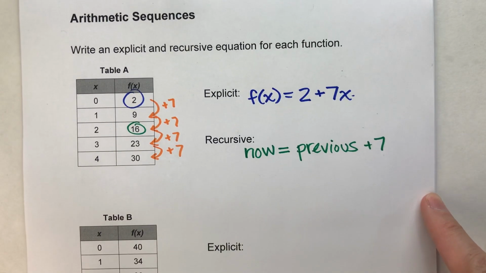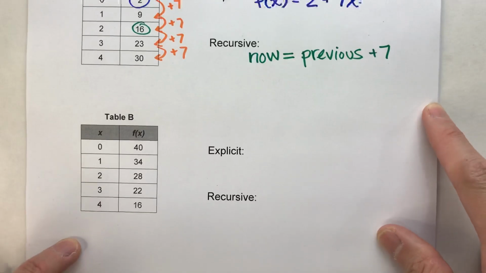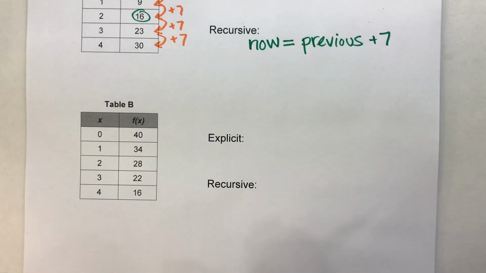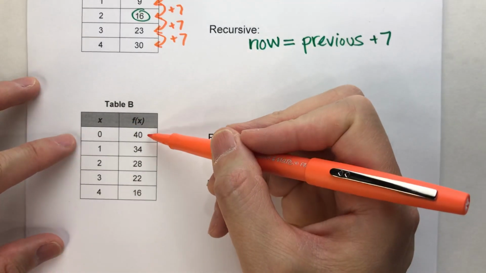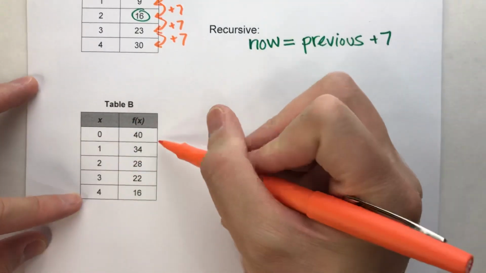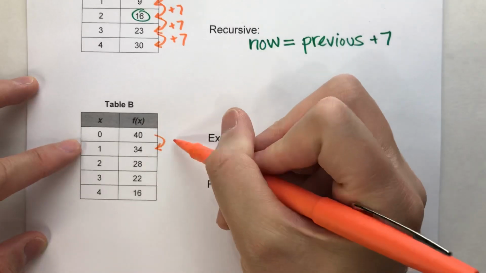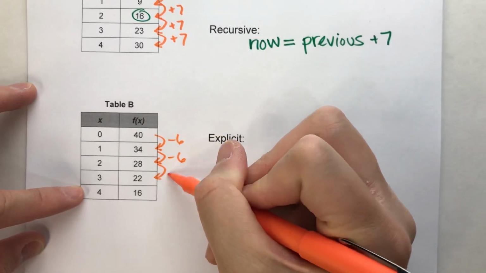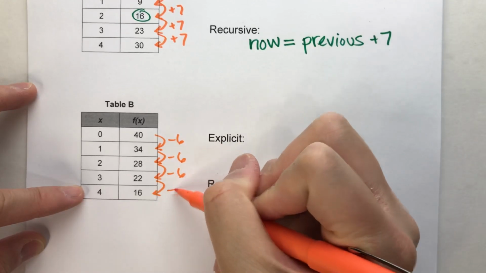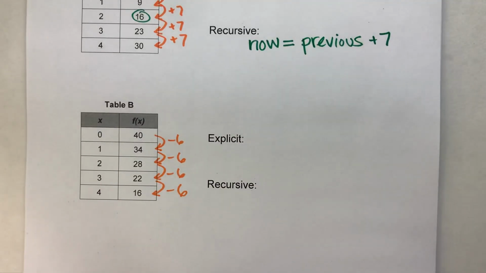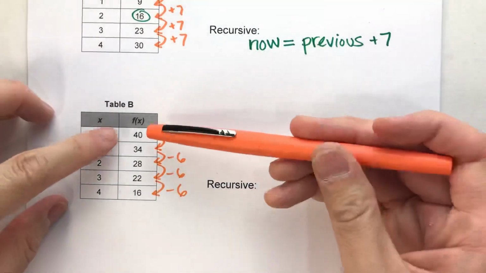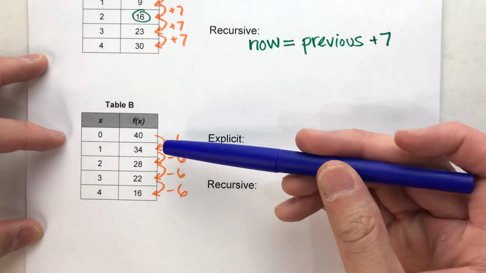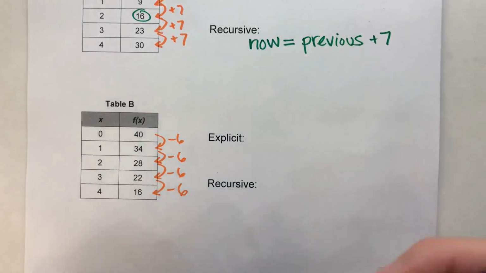So now let's look at another example here. Table B starts at 40, and every time x goes up by 1, this time we're repeatedly subtracting 6 each time. This is still an arithmetic sequence because we are decreasing by the same amount every single time. Or you could think of it as we're adding -6 every single time.